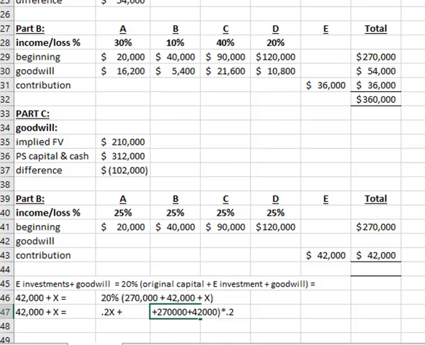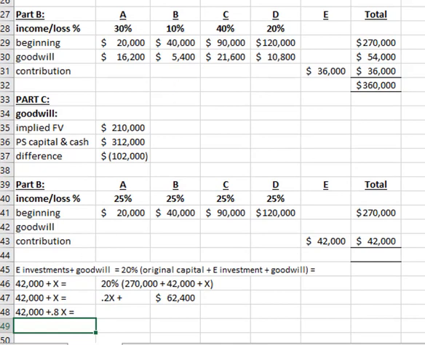So let's do that. This is just solving for X here, not really major. So now I'm going to subtract the 0.2x from both sides. So now it's just going to be 0.8x on this side is going to be equal to the 62.4. Now subtract the 42 from both sides.